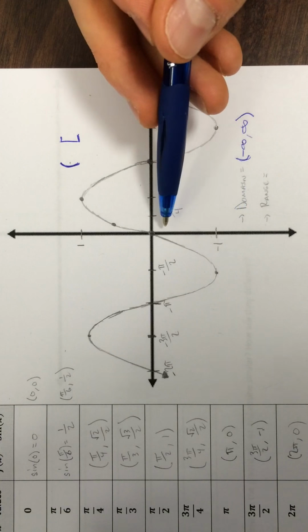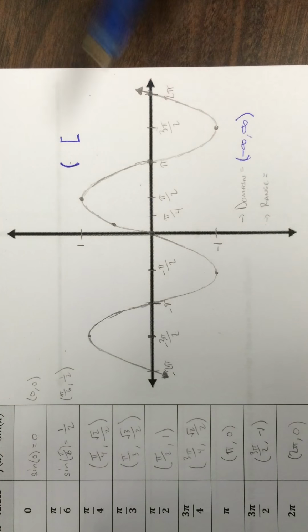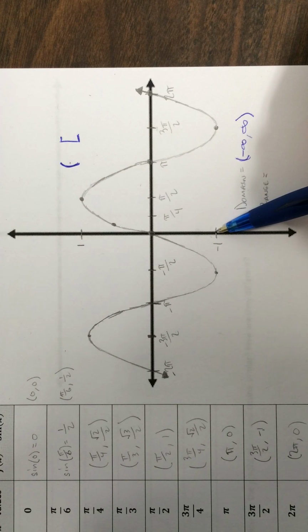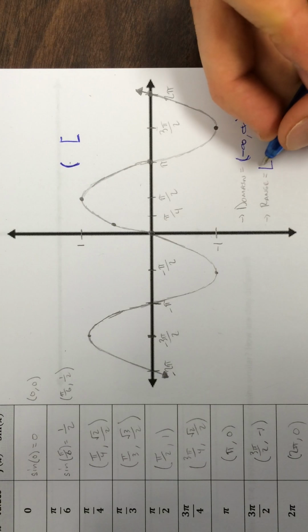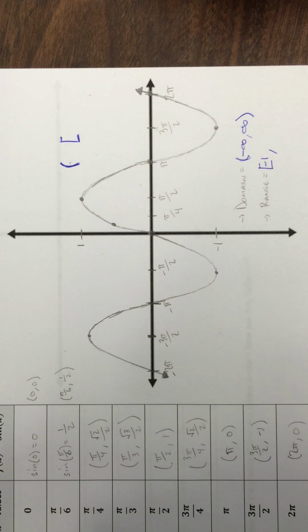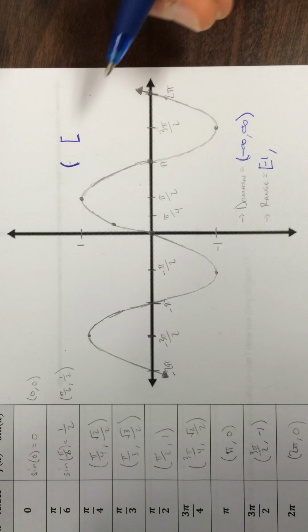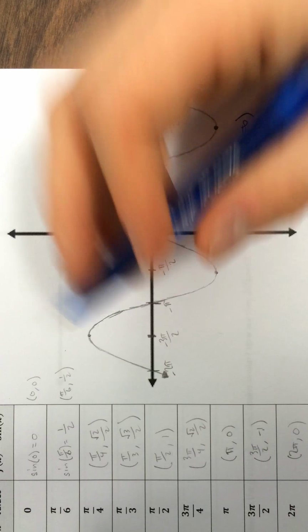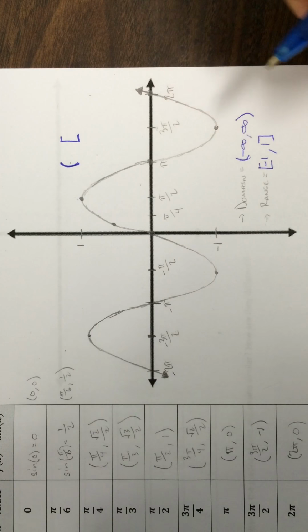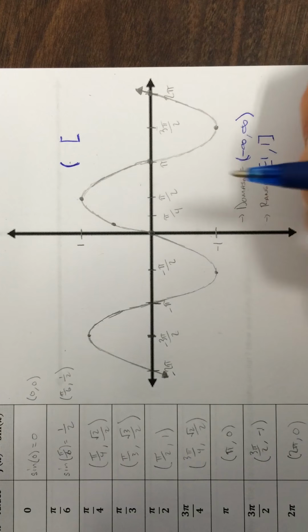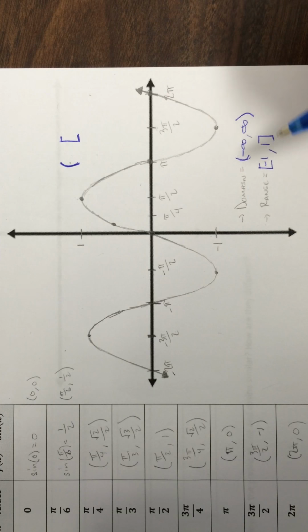If we look here in the function, the lowest value that y takes is -1. It never goes below -1, and it touches -1, so I can use a hard bracket at -1. And then it goes up and touches +1 here and there, but it never goes above +1. So our range, or the values that y takes, is from -1 to 1.